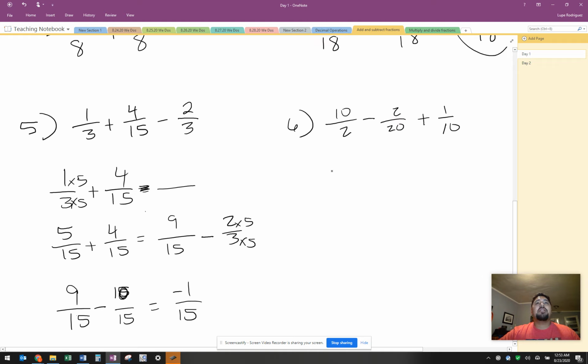So let's go down here. This is 10/2 minus, okay, and I can split this up too, but I'm going to show you a way to do it all together. So 2/20, actually, let me go back.